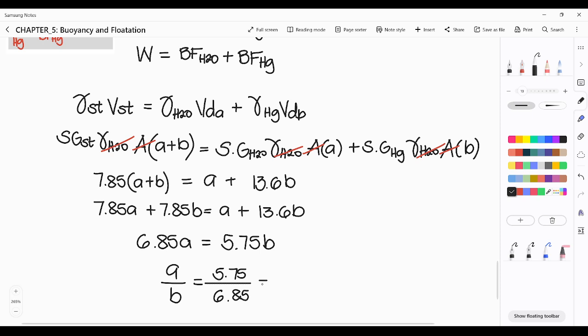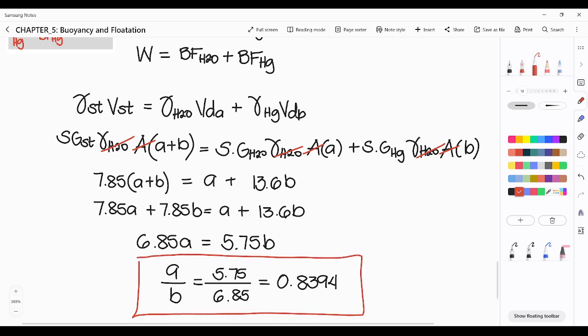Or in decimal form, let's use 4 decimal places, that is 0.8394. This is our final answer.